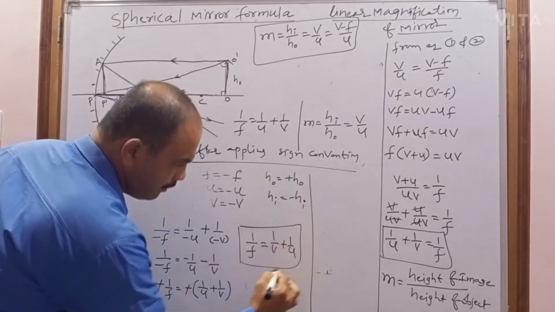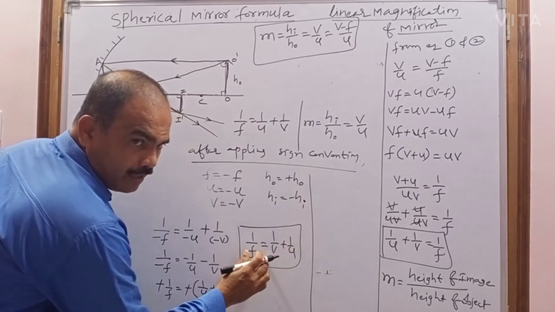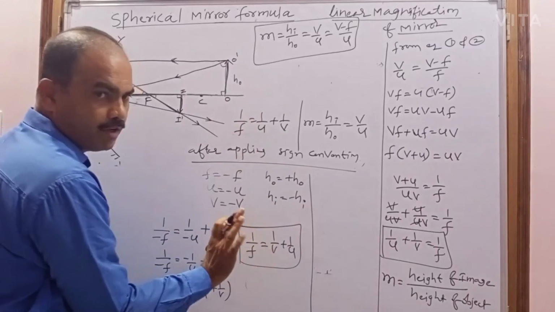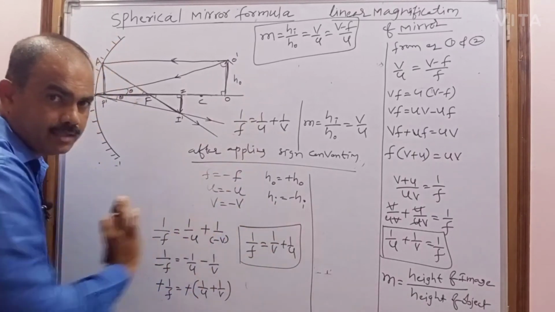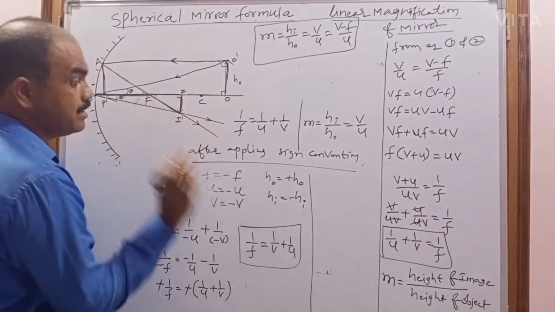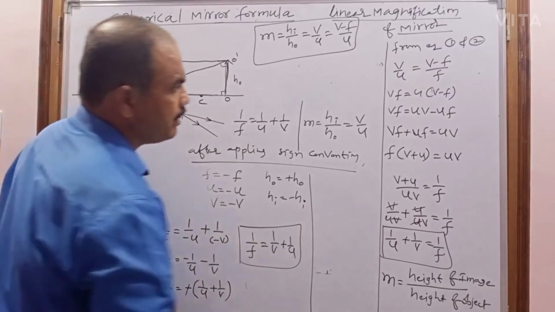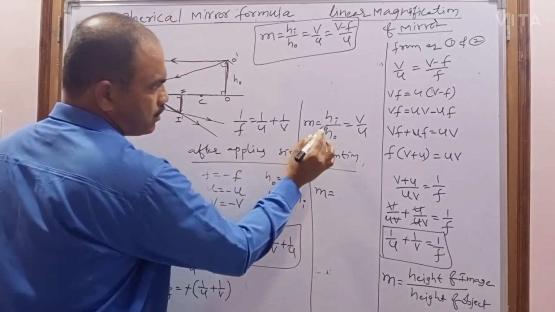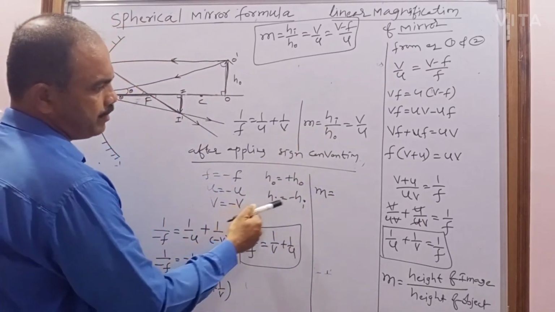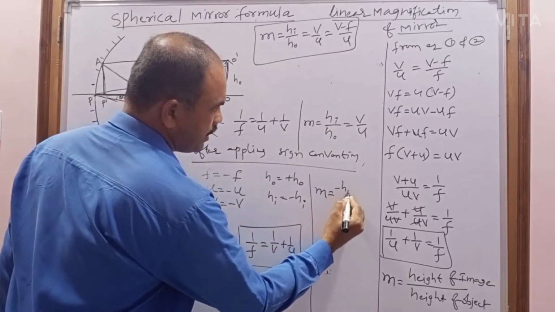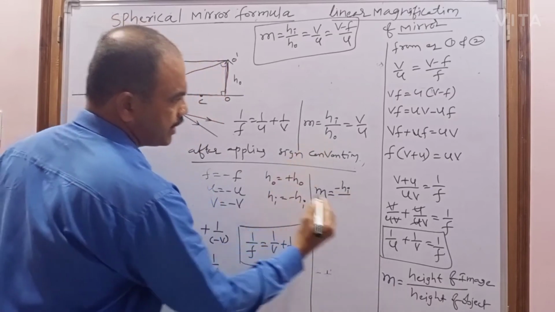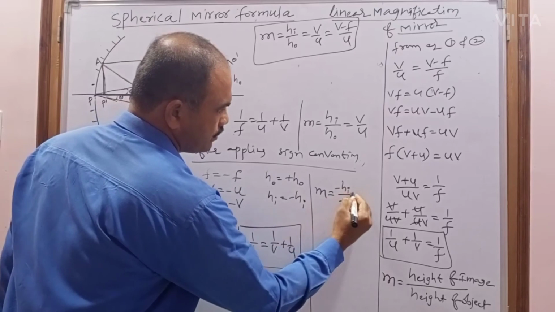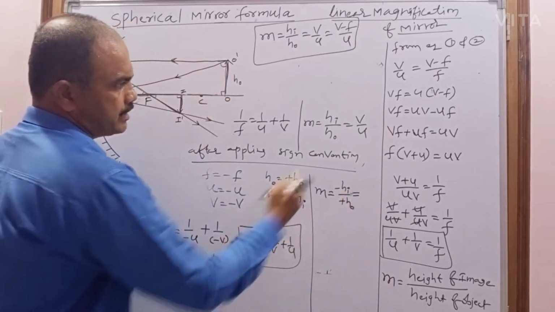So this is the concave mirror formula. The general formula and the concave mirror formula will be the same after applying the sign convention when the object is beyond C. And next come to the magnification, m equals height of the image, minus hi, by height of the object, plus h naught, equals v by u.